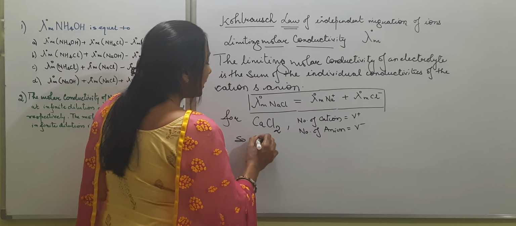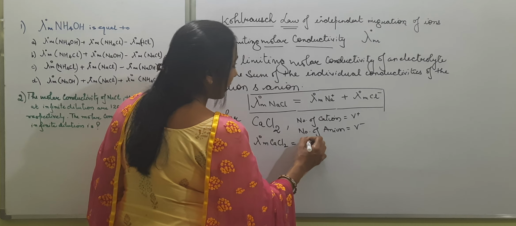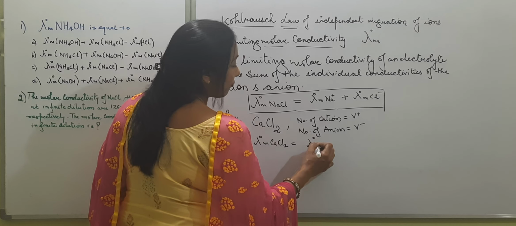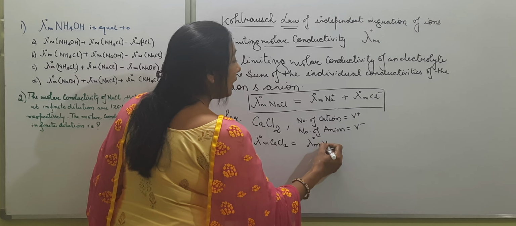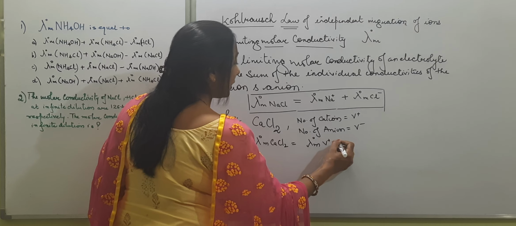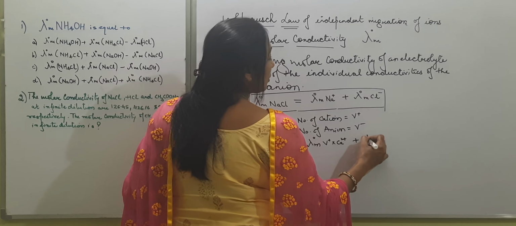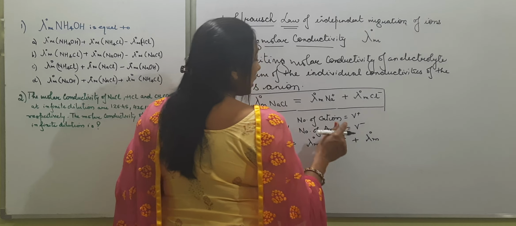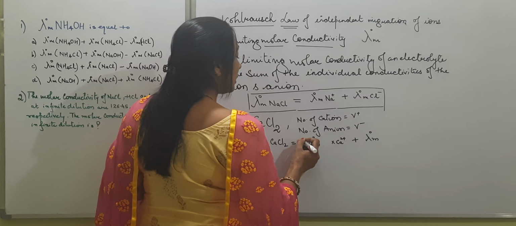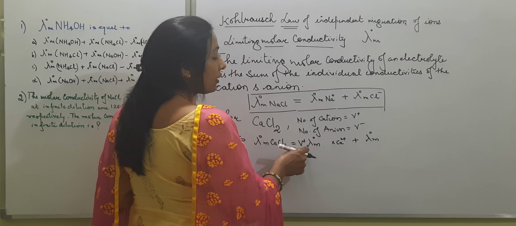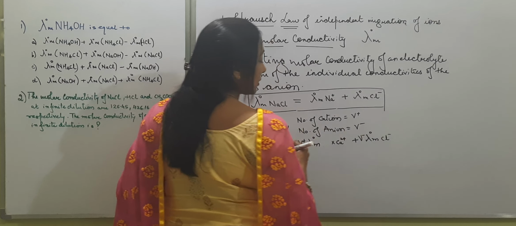So the limiting molar conductivity of calcium chloride will be represented as, as I said, V plus is the total number of cations, multiplied with the limiting molar conductivity of Ca2 plus, plus the limiting molar conductivity of, with V minus in front, the total number of anions, and that is Cl minus.